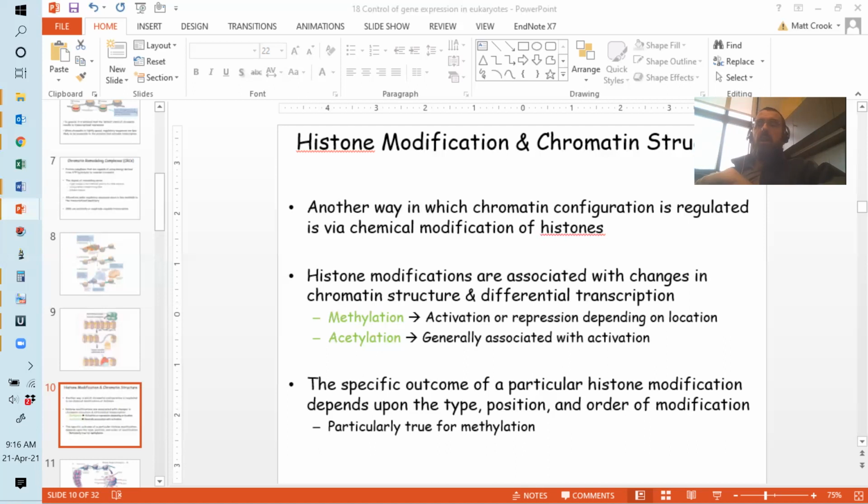And so it very much varies, but the overall aim is that we're either going to be causing those histones to bind more tightly to DNA or more loosely, right? And we can turn that on or off, we can modify it.